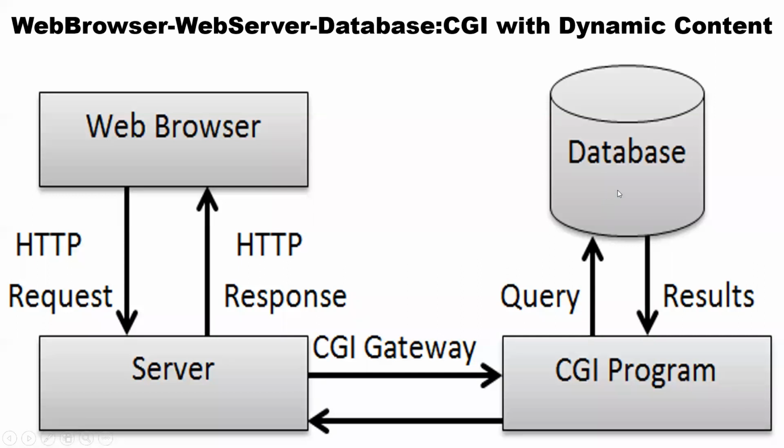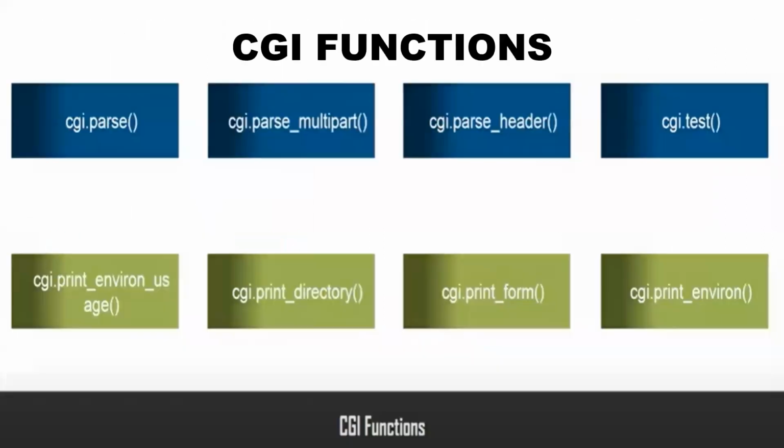When the results come from the database to the CGI program, they are returned to the web server, and from the web server given to the web browser. So this is completely dynamic content, not static content. Static content will be completely managed by the server and browser. There is no problem. But for dynamic content only, the CGI gateway will be involved.